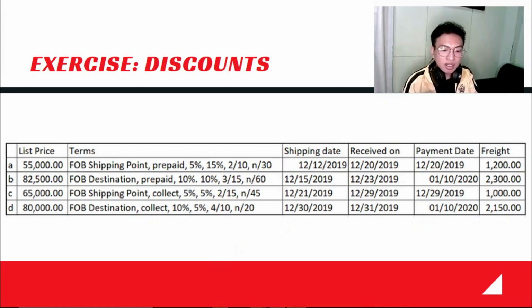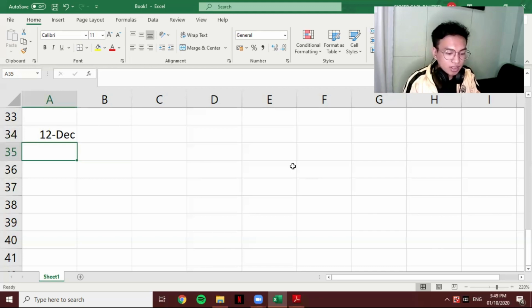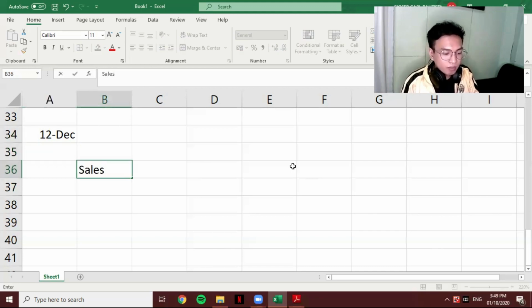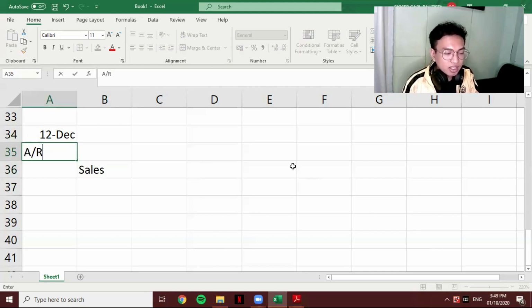Let's say, again, the end of the period count lang, tinitingnan natin kung i-include ba natin to or i-exclude sa December 2019 transaction. Since this is shipping point, ibig sabihin we have a valid sale already since this is already shipped on December 12 at pasok siya kay 2019. So meron tayong sales and this is an AR transaction.